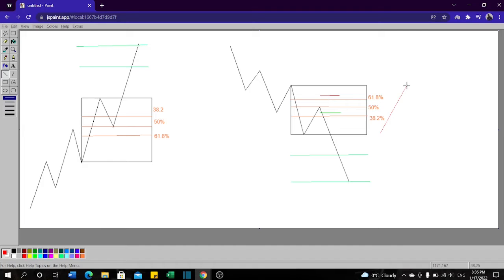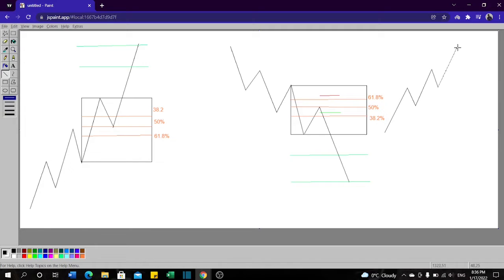Instead of continuing downwards, it might start to show a change in momentum from a downtrend to an uptrend.